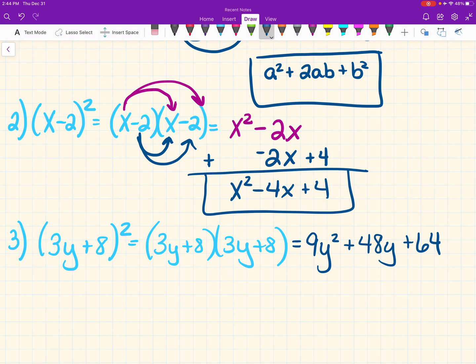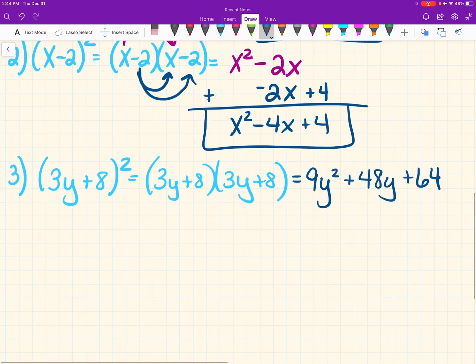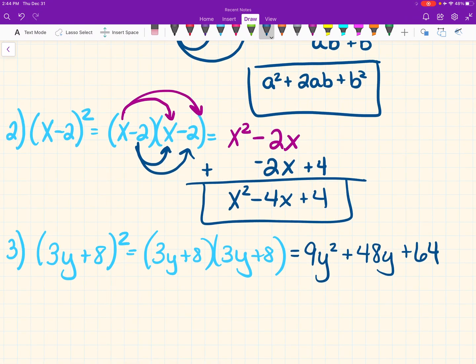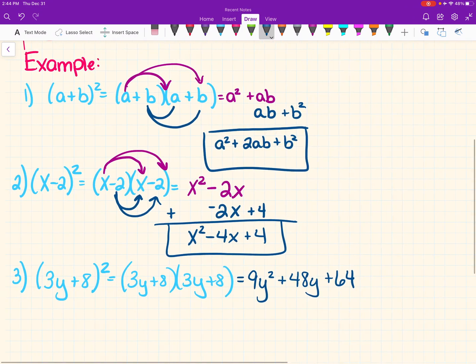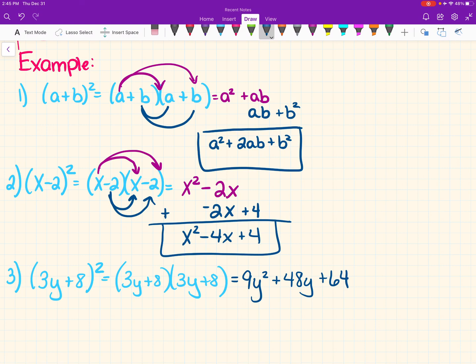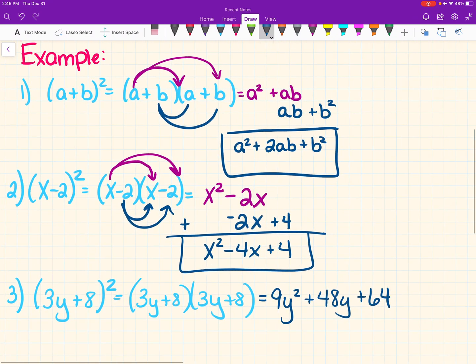I do not actually need to do FOIL or distribute with this because I know the pattern. I know the shortcut, but I'm not going to tell you. There is a shortcut to figure out what that middle term should be without doing all the steps. But that's kind of up to you. And if you figure it out and you want to explain it to somebody else, go for it. I won't explain it to you. Until you can figure it out on your own or get the explanation from someone, you need to do it by hand, okay? But there is a little bit of a shortcut.